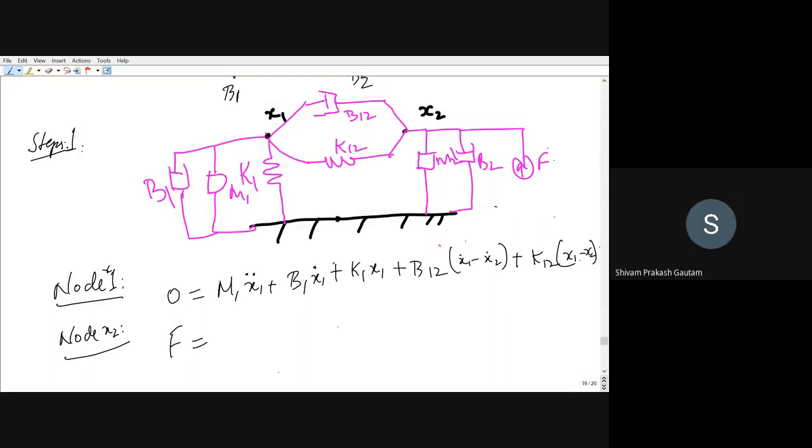M2 X2 double dot, plus B2 X2 dot, plus B12 times X2 dot minus X1 dot. Right now we have to write X2 dot because node X2 is under consideration. Plus K12 times X2 minus X1. Any doubt in these two equations? No, sir, no doubt.